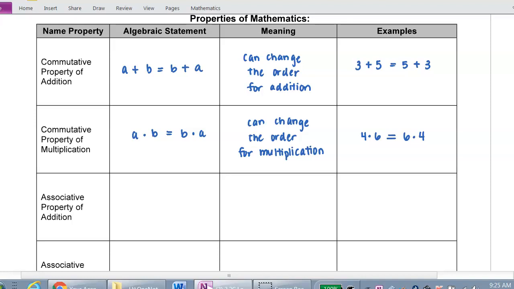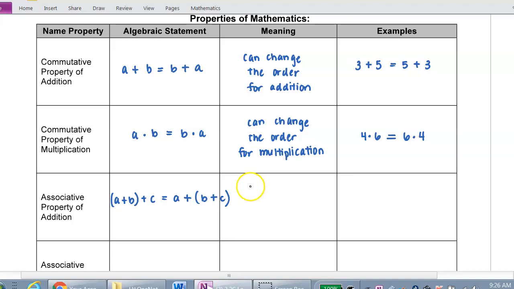Next up are the associative properties. So the associative property of addition says that we can change the grouping of the terms that we are adding and it does not affect the sum. So algebraically, we can say that the quantity A plus B, plus C is equal to A plus the quantity B plus C. So notice that the grouping on the left is different than the grouping on the right.